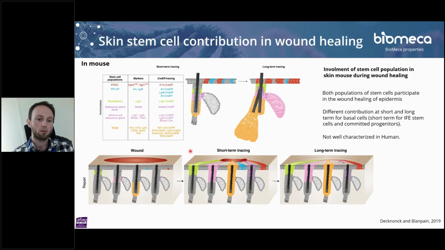However, it has been shown that these different populations of stem cells participate in a different manner in the processes of wound healing.